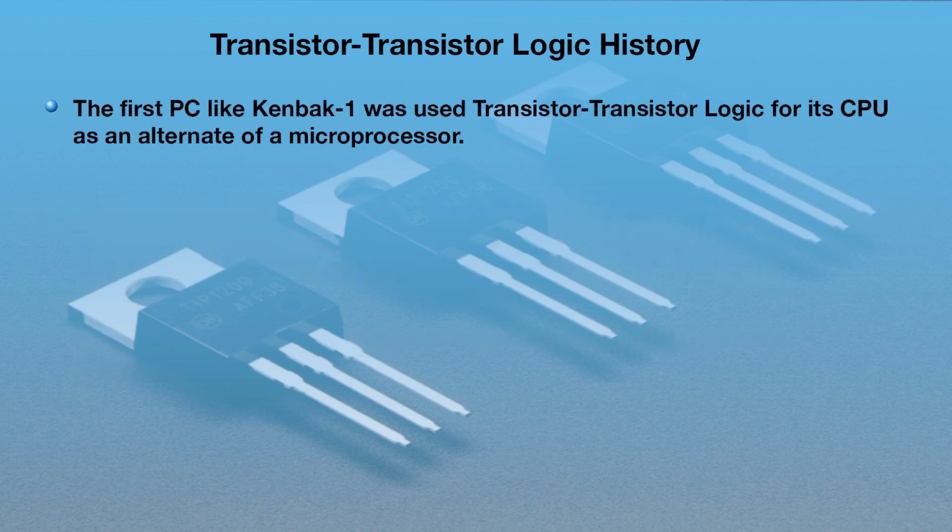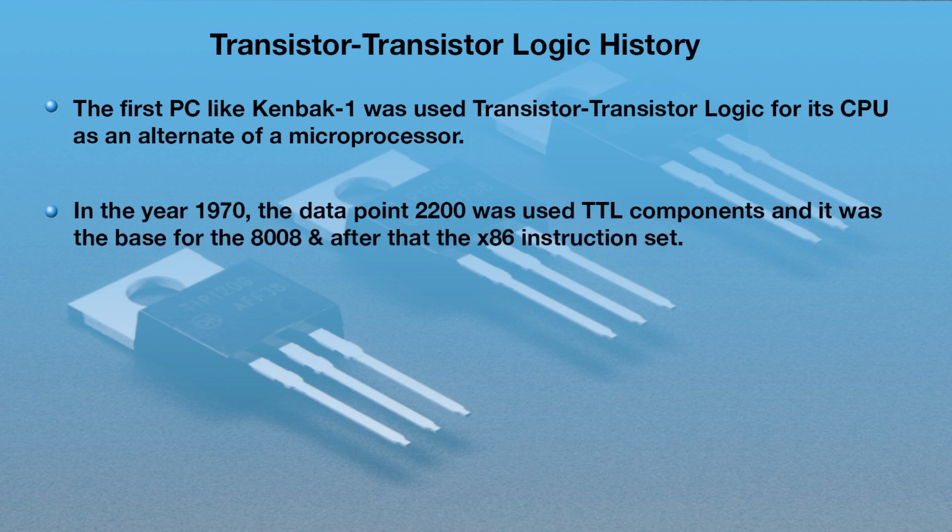The first PC, like the Kenbak-1, used transistor logic for its CPU as an alternative to a microprocessor. In the year 1970, the Datapoint 2200 used TTL components, and it was the base for the 8008 and, after that, the x86 instruction sets.